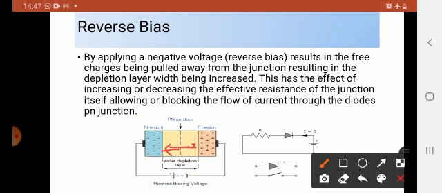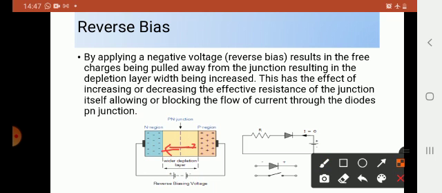So reverse bias acts as an insulator, and forward bias acts as a conductor. This has the effect of increasing or decreasing the resistance of the junction itself, allowing or blocking the flow of current through the diode.